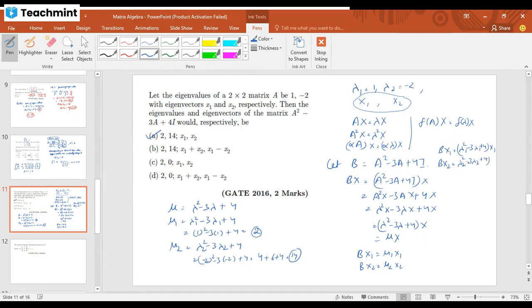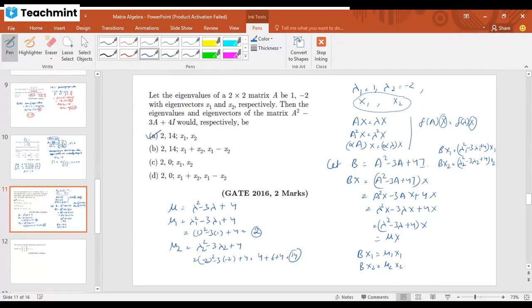So there will be no change in the eigenvector if your eigenvalue remains the same. If A has eigenvalue lambda, then any function of A, that is a polynomial function in A, has eigenvalue f of lambda, but the eigenvector remains the same.